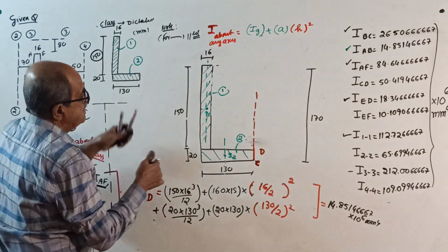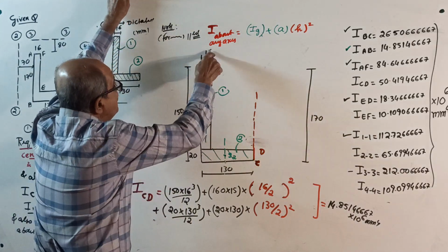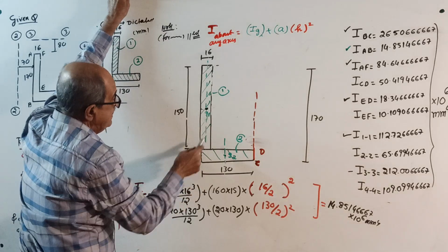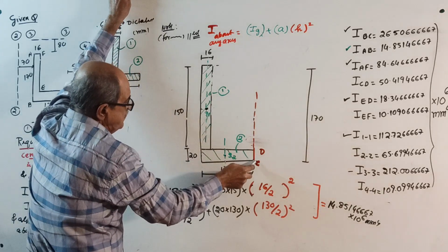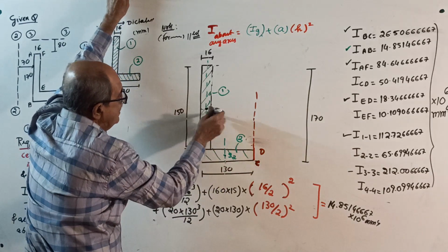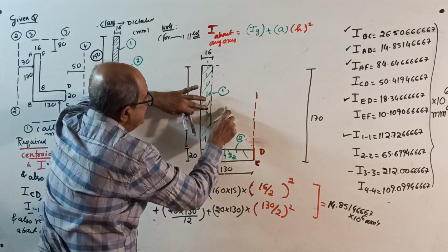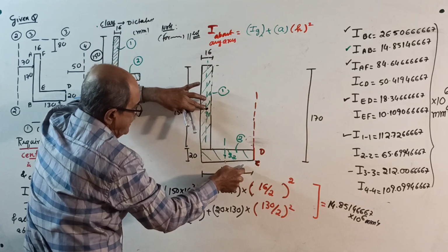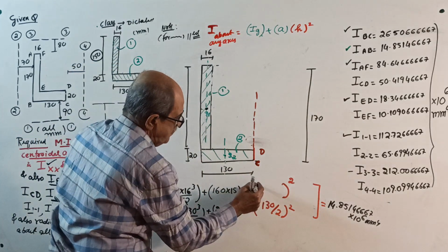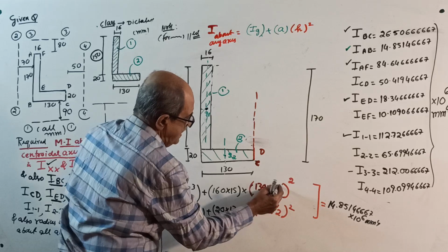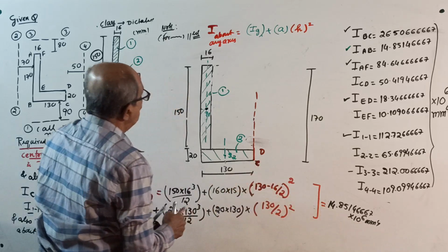CD. First, through centroid, parallel axis over. Area into this distance square is, see, this is 130, from here to here. This distance square is 130 minus 16 by 2, it is 130 minus 16 by 2 whole square.